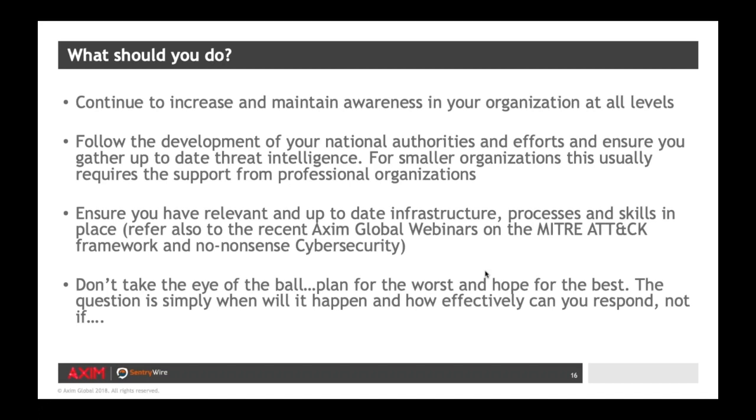And for those of you that are interested in what this actually means, what the frameworks look like, and what a no-nonsense way of building out that infrastructure could look like, I would definitely encourage you to go and have a look at two of the recent Axim Global webinars. One covered the MITRE ATT&CK framework, a common open attack framework, which I'm pretty sure you'll find very interesting, presented by Joshua Williams, an industry veteran.